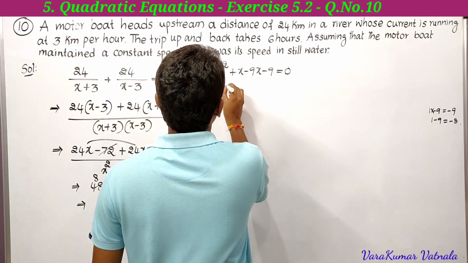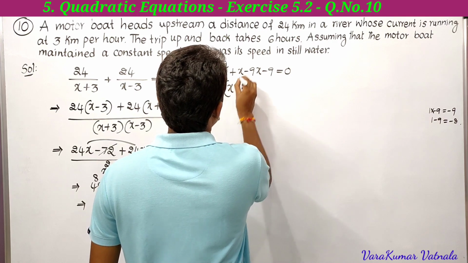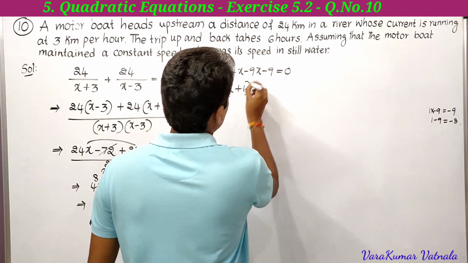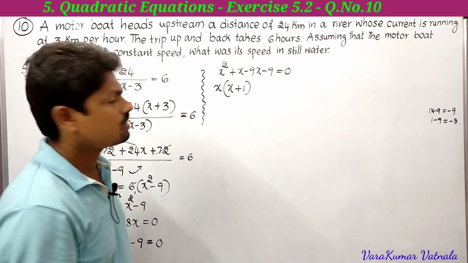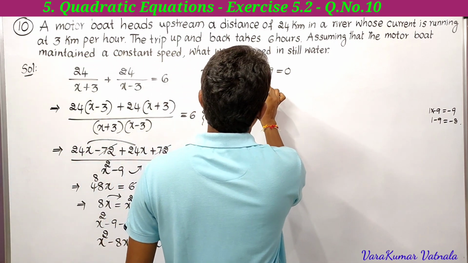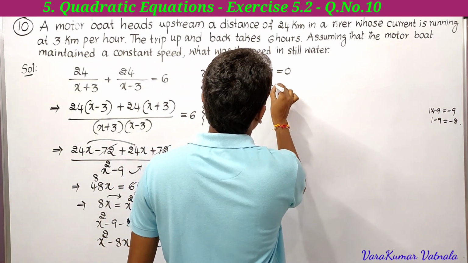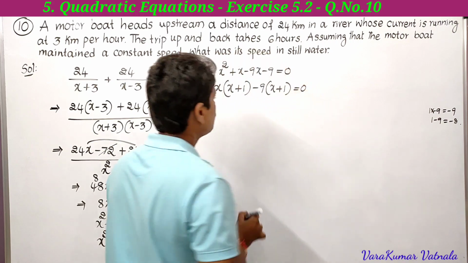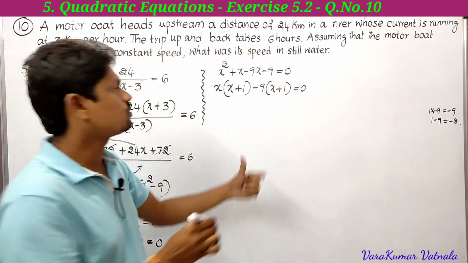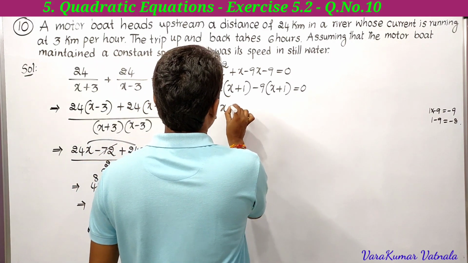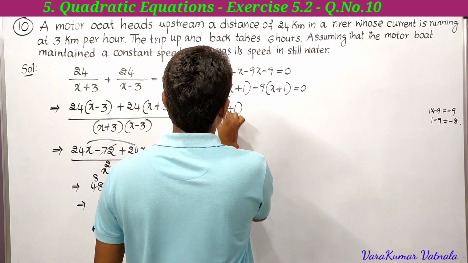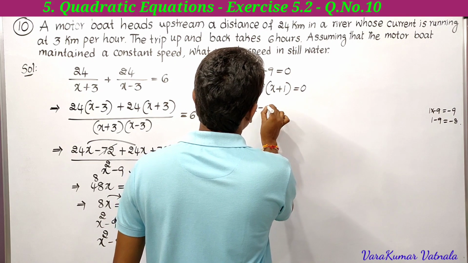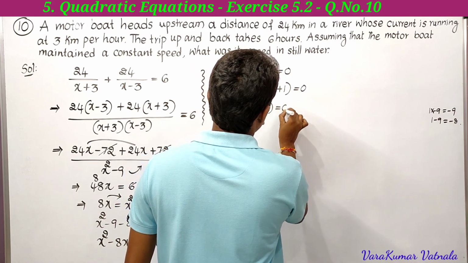So if you take x as common, here x, here plus 1 will be. So in these two minus 9 is common. So if we take minus 9 as common, here we get x, here plus 1 is equal to 0. So totally we get x plus 1 is common. So we have x plus 1 into x minus 9 is equal to 0.